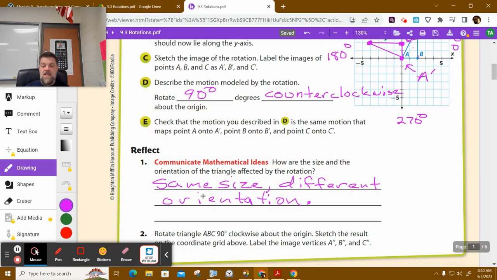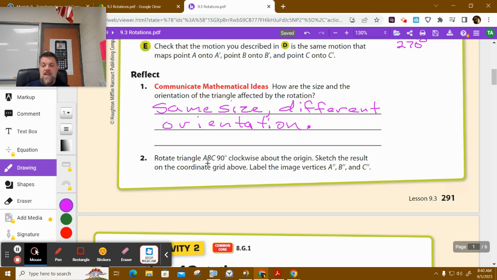So now it says, take ABC and rotate it 90 degrees clockwise about the origin. Actually, let me change the color of that. Now we're going to go clockwise. So let's do red.